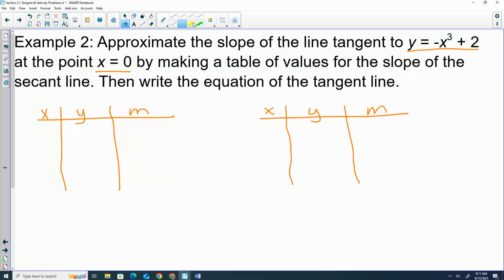And the x that we have to be getting closer to is 0. Alright, so if I were looking at things bigger than 0, I might do 0.1. What would be even closer? 0.01 and 0.001. Alright, so what would I do from the negative side, smaller than 0? Negative 0.1.